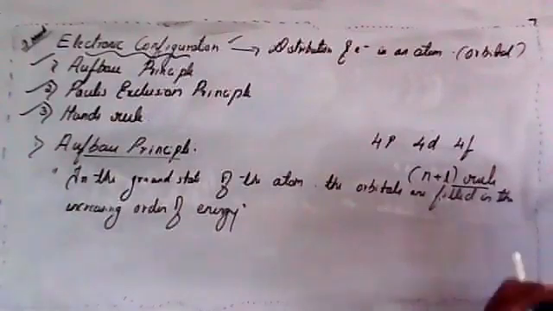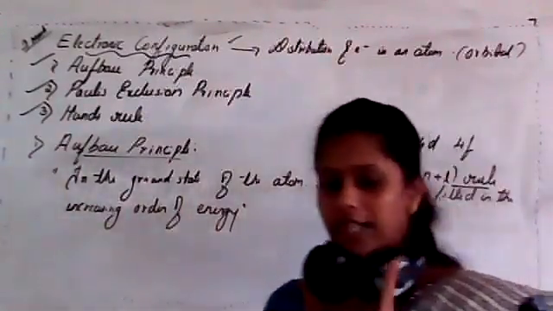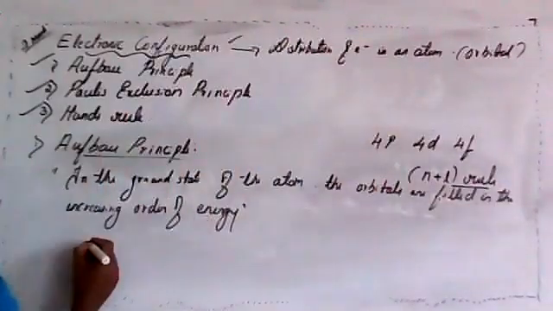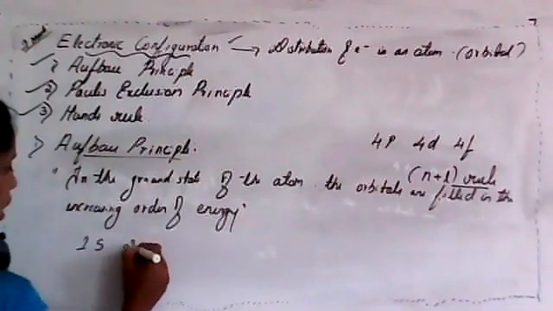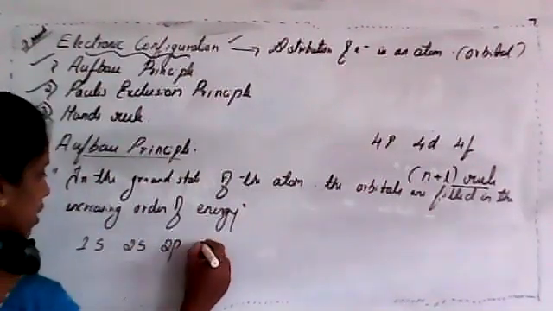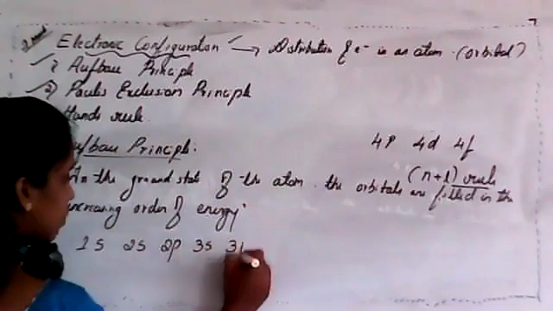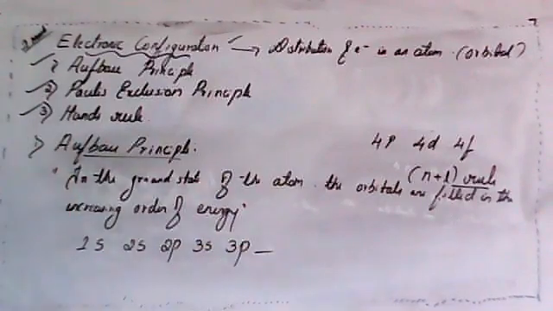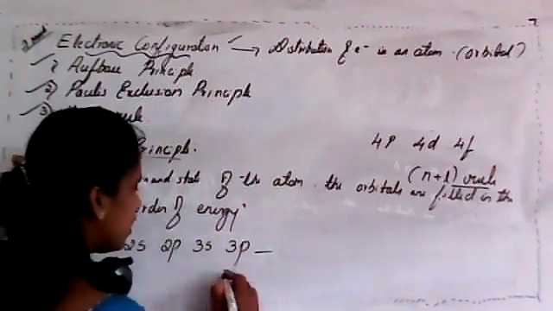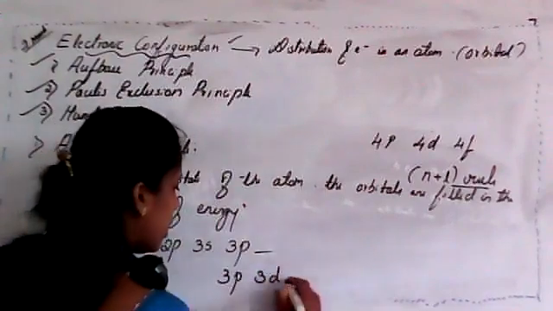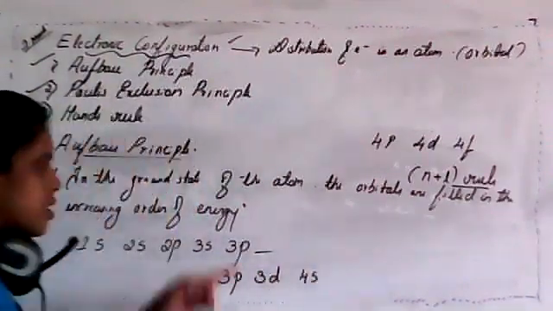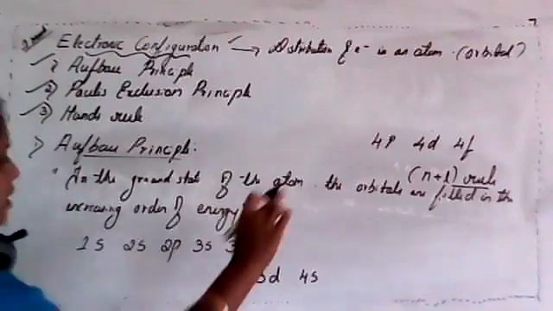For that I'll consider 1s, 2s, 2p, 3s, 3p. After this there is 3d and 4s. Just take the n plus l rule.